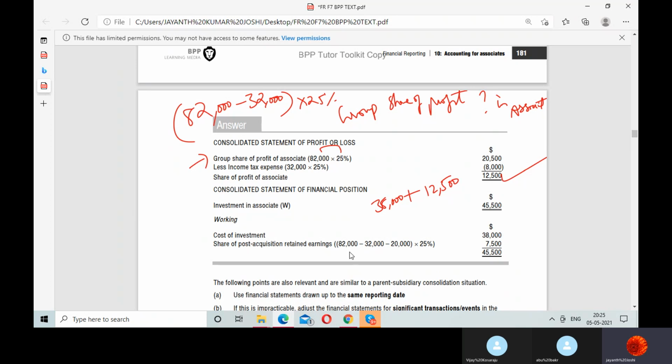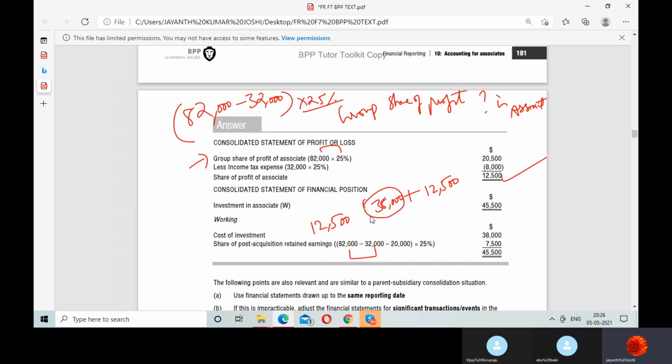See, actually, this is after deducting this, we took after tax profit, correct? 38,000. 38,000 कैसा है आपको? 82 minus 32. Actually, this is the cost of investment. Sorry, 82 minus 32 is how much? 50. 50 का 25% is how much? Okay. 12,500.